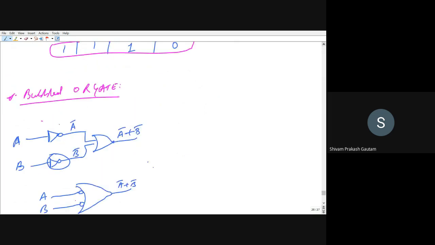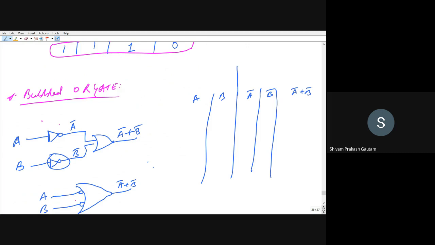Let's see the truth table of the bubbled OR gate. The inputs are A, B, the output is A bar plus B bar, and we also have an intermediate state, A bar and B bar.